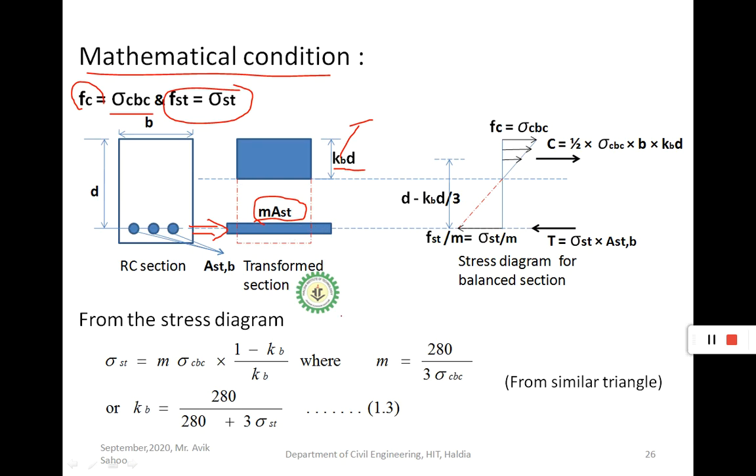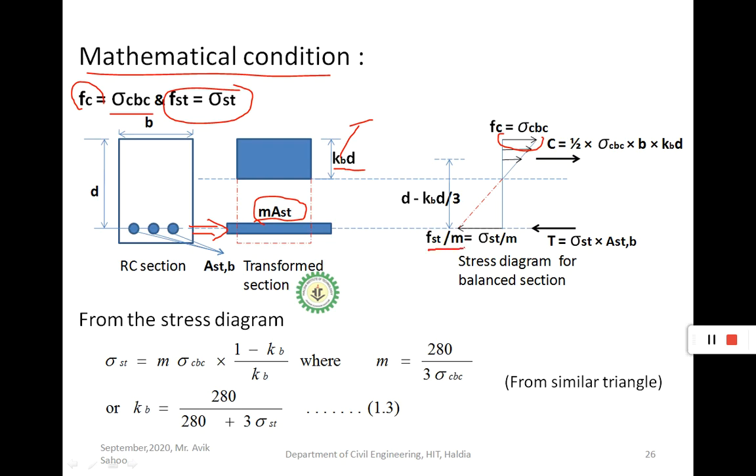Now this is a stress diagram. The stress distribution varies linearly. At the neutral axis the stress is 0. Maximum compressive stress is induced at the topmost fiber, and the entire tension is taken up by the steel, so the equivalent tensile stress is how much?